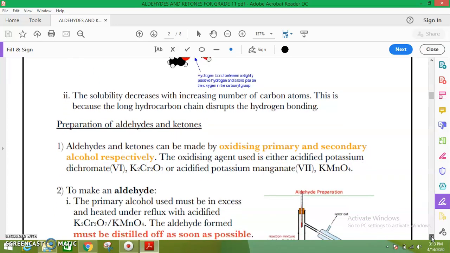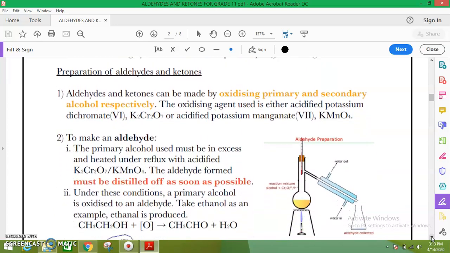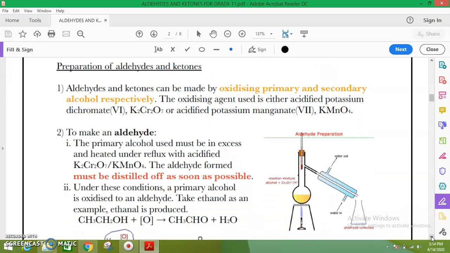Now the preparation of aldehydes and ketones. How will you prepare aldehydes and ketones? This goes back to alcohols, primary alcohol, secondary alcohol: oxidation of primary alcohol, oxidation of secondary alcohol. We get aldehydes and ketones, but we are going to repeat again.